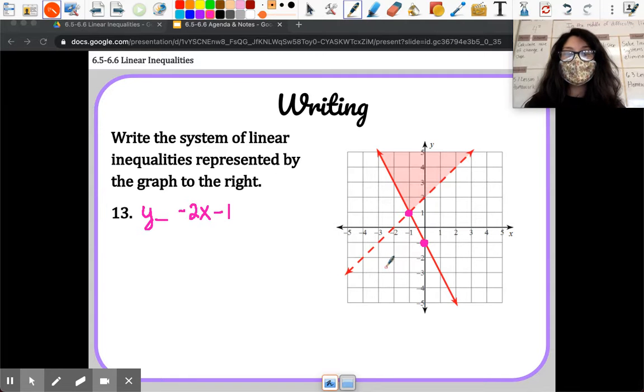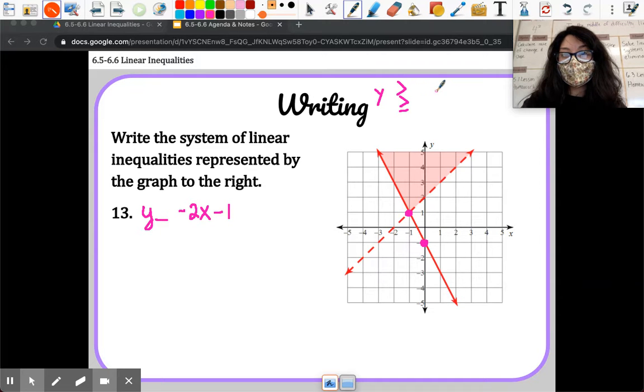Now the hard part, figuring out which direction to face my inequality. If you watched my video for the last section, I showed you that an easy way to do it is just put your pencil on the boundary line and then move vertically until you reach the shaded region. If you move up, it's going to be some sort of greater than symbol.